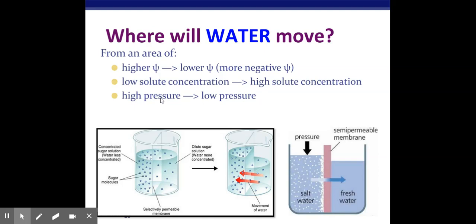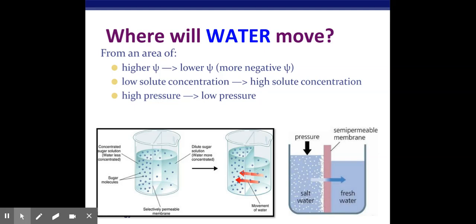Additionally, pressure could play a factor, physically pushing those particles. If you have a high pressure system, water is going to move towards a low pressure system. These images down below help demonstrate this, with each little sphere representing some dissolved particle. It doesn't matter what the particle is, it just matters that something's there, which is why they're not really identifying them. They're usually generic, or they'll just say sugar molecules.